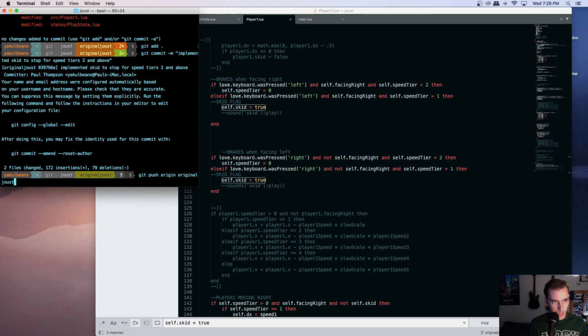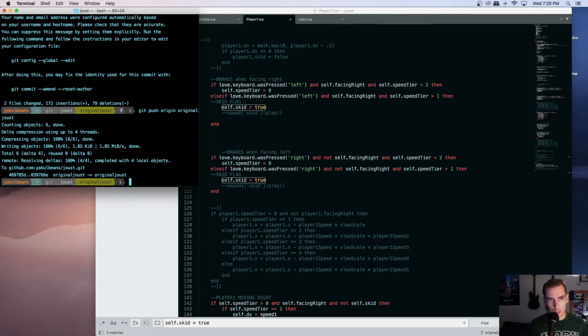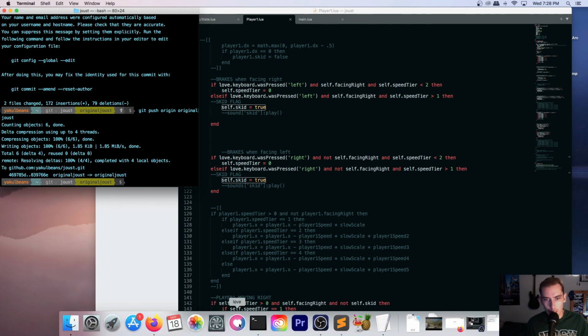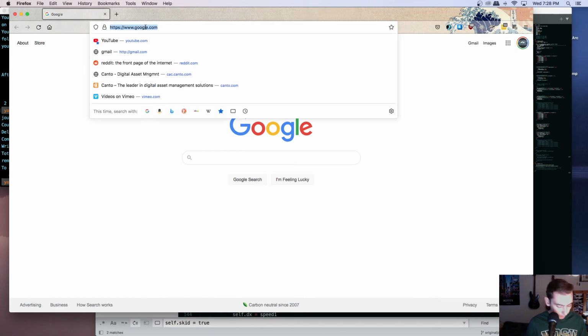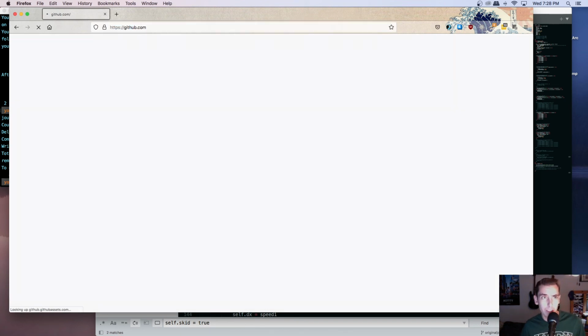joust. And by the way, if you want to play this game or any iteration of it, you can. If you go to love2d.org, you can download it, and you can either git clone my repository, or literally download the folder itself.